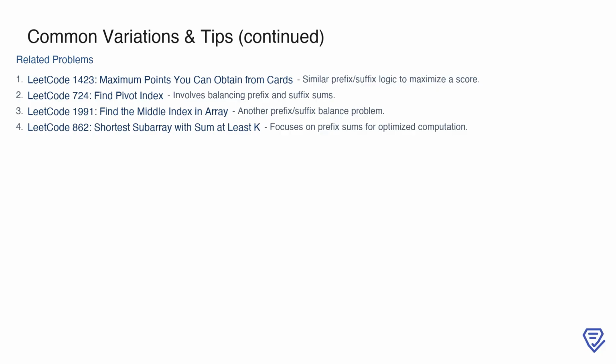Similarly, LeetCode 1991, Find the Middle Index in Array, also focuses on achieving balance between prefix and suffix sums. For a more advanced challenge, LeetCode 862, Shortest Subarray with Sum at Least K, uses prefix sums in a slightly different context, emphasizing optimized computation. These problems not only reinforce the core prefix-suffix technique but also expose you to variations in applying this concept, helping you build a deeper understanding that can be useful in interviews.